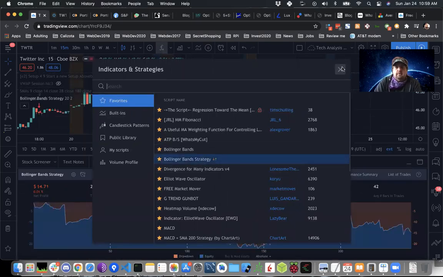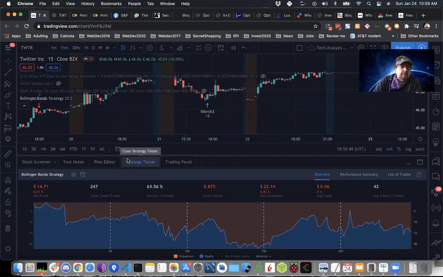strategy built in. I'm still, you know, strategies are things where there's an object called a strategy, which is different than a study. And strategies will actually do this back testing and give you all of this information that I'm not sure what it is yet. I'm still figuring it out.